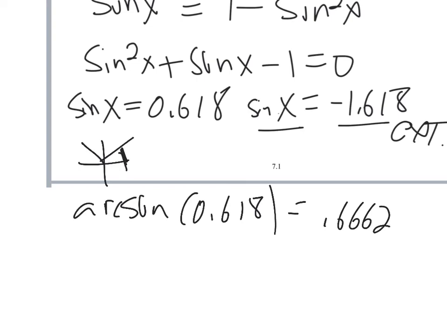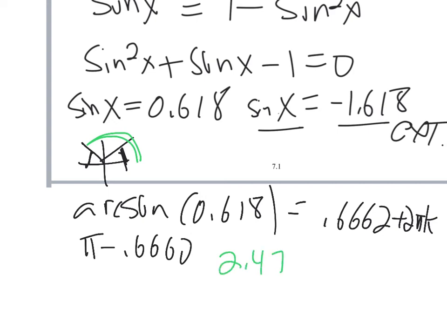So that'll be one answer plus 2 pi k. To get the other answer, we're going to do pi minus 0.6662, because remember, that's that reference angle there, and we want this angle. So pi minus that answer, I'm getting 2.475 plus 2 pi k to get back there.